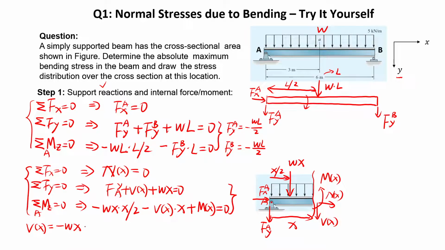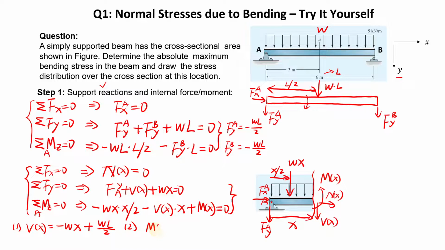Fay becomes plus wL over 2. That's Vx, and we substitute that into the second equation.